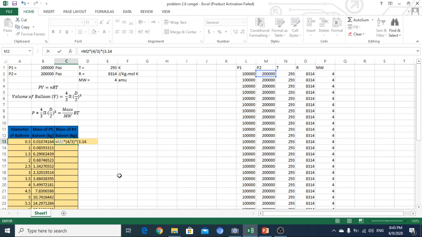After that we have to multiply it with the diameter, which is 0.5 divided by 2, power of 3, and whole bracket close.